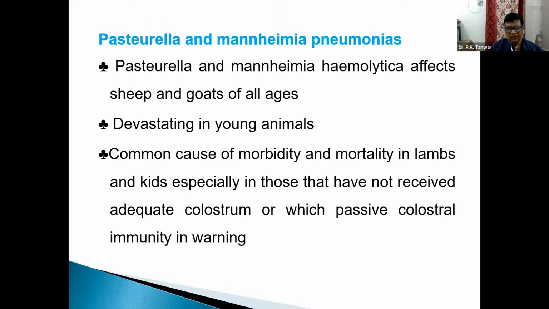Otherwise, as we delay, the absorption of the antibody from the colostrum is not as effective as within 2 hours. So those lambs and kids who get colostrum within 2 hours, their passive immunity status will be better and they are more protected as compared to those who receive less or inadequate colostrum.